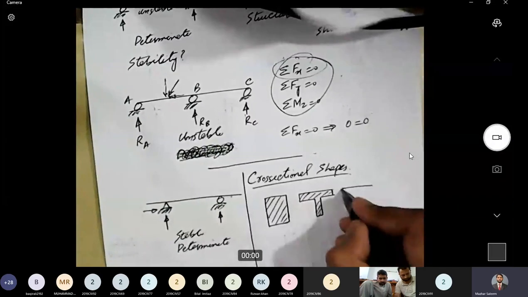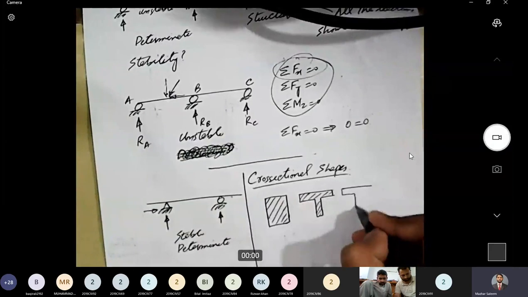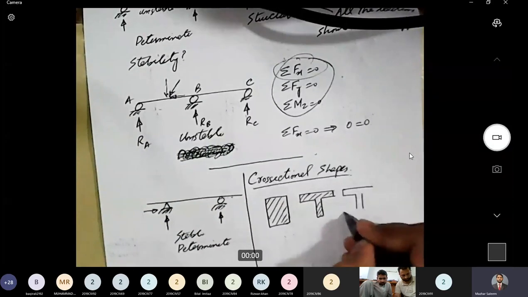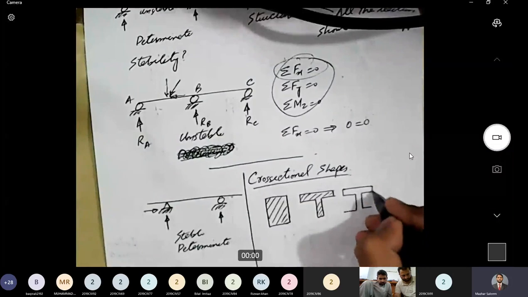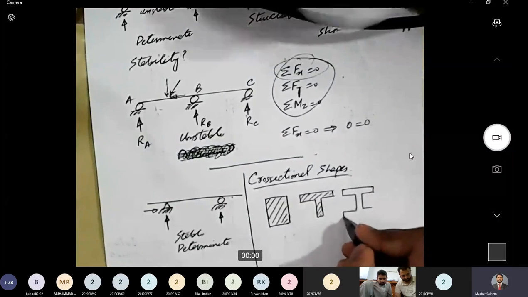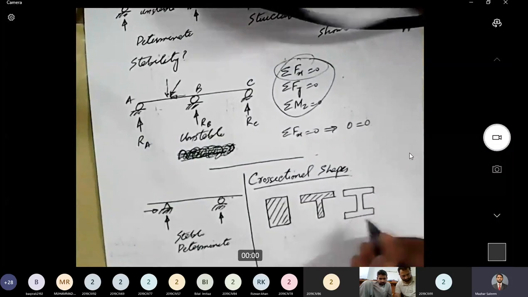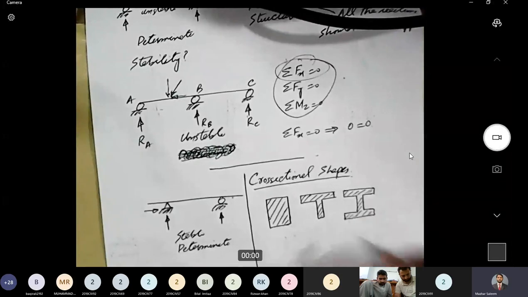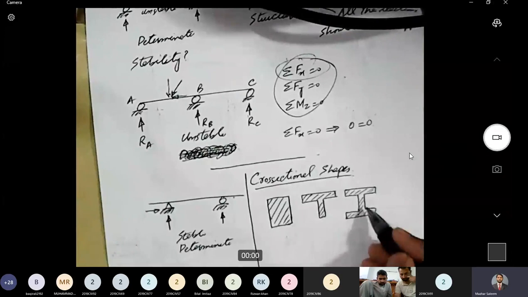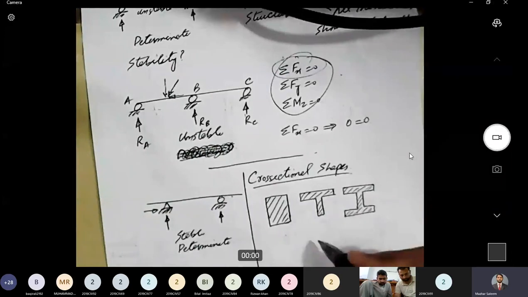In common language we call it an I shape, but in engineering we call it a W section. You will learn that later on in steel structures. So sometimes we have T shape and sometimes we have I shape members.